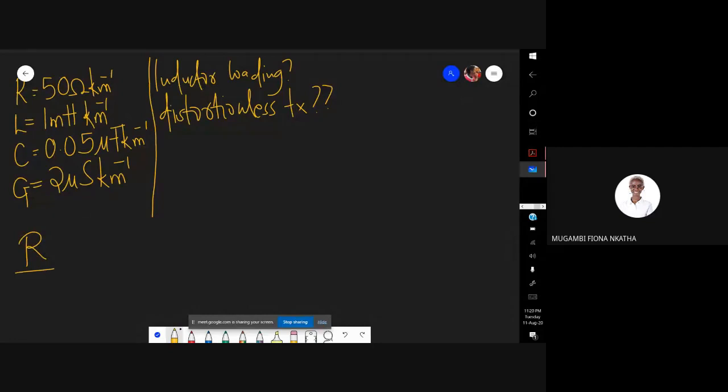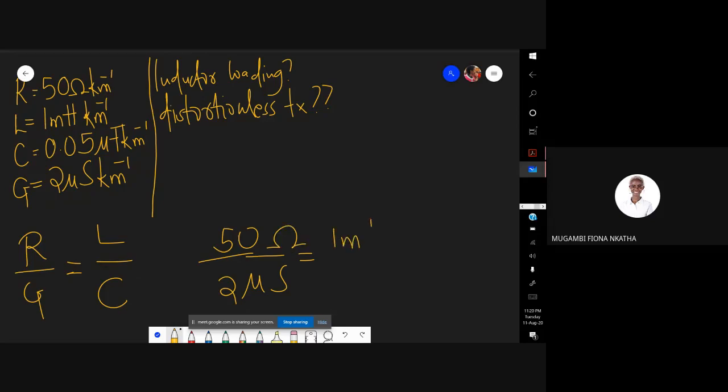We know R over G should be equal to L over C. So what's R over G? I calculated this: 50 ohms over 2 microsiemens per kilometer, is equal to, what is L? 1 millihenry over 0.05 microfarads.